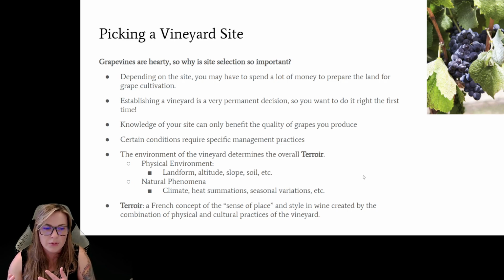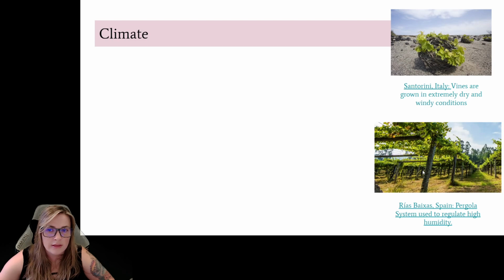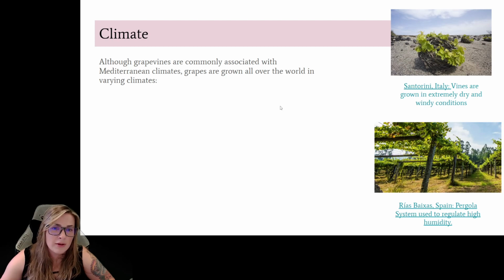So it's a product, most of the time wine, that captures the physical and natural environment of that vineyard, and it gets transported into the product that you're consuming, right? So it's a style in wine created by the combination of physical and cultural practices in the vineyard. And there's a lot of merit to that. Okay, so climate overall, right?